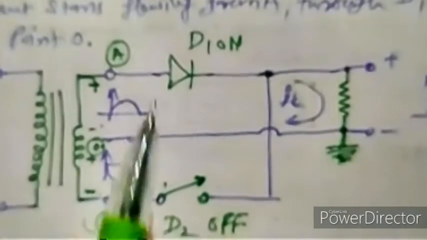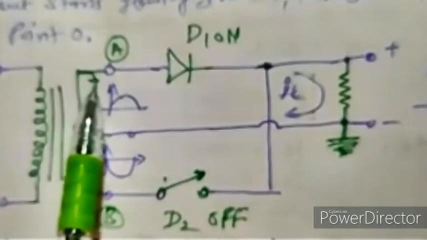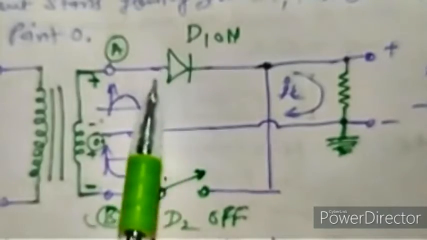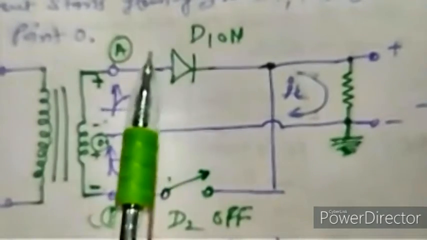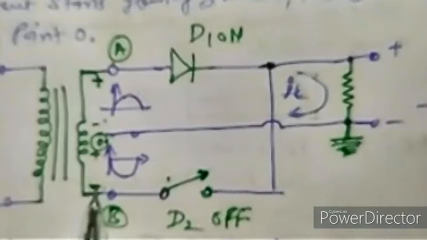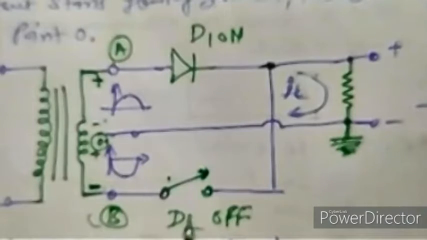So what happens? Because of this positive voltage, diode D1 is in forward bias condition, and because of this negative voltage, diode D2 is in reverse bias condition, and it works as an open circuit switch.